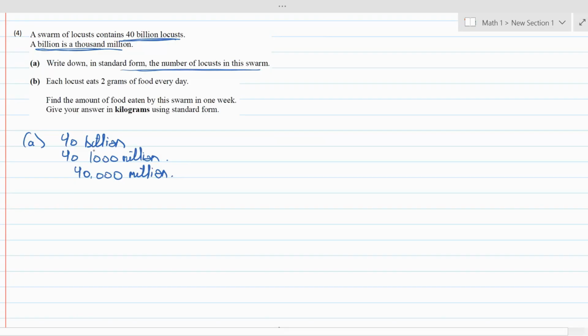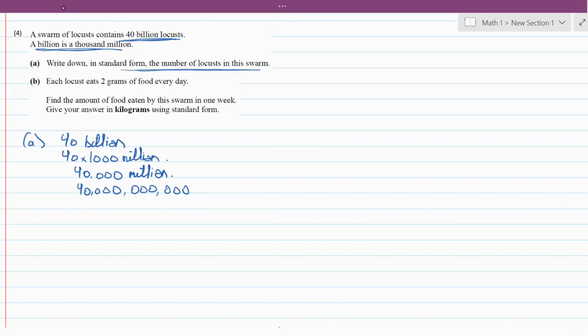So we add another 6 zeros to it. Adding another 6 zeros to it means 40,000 and then 6 zeros more, 1 2 3, 1 2 3, because million has 6 zeros. So all together this is a huge number, and this has to be converted into the standard form.